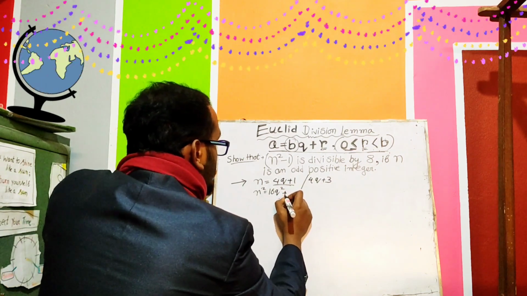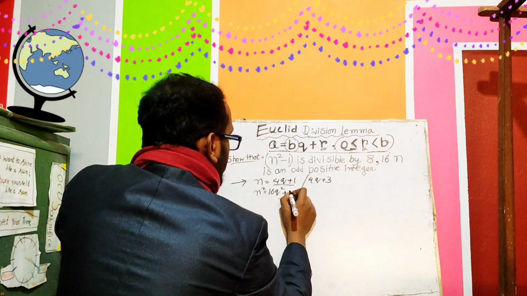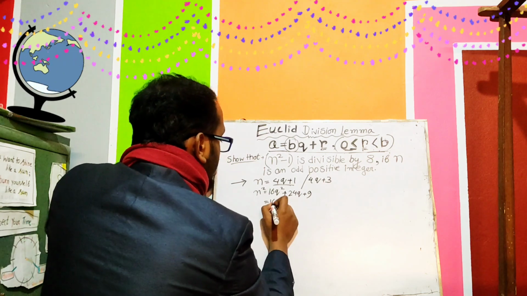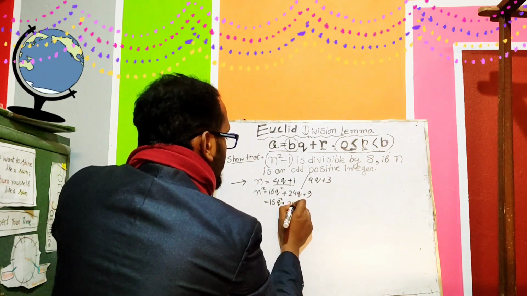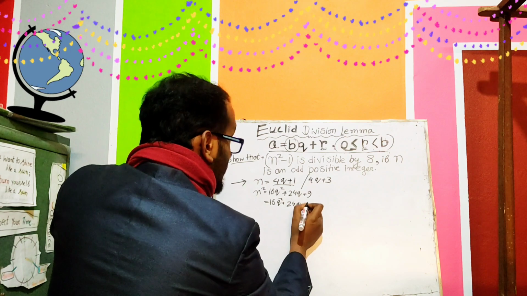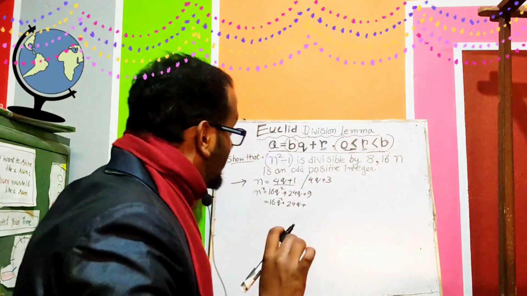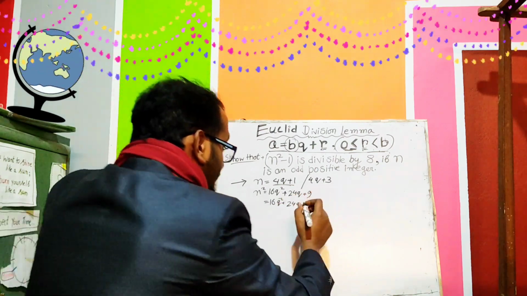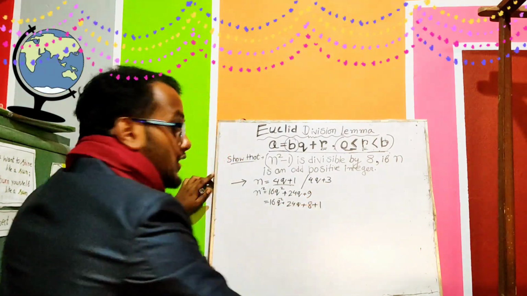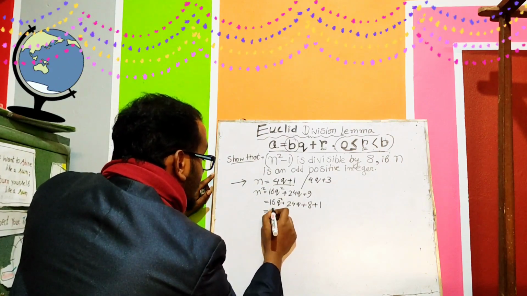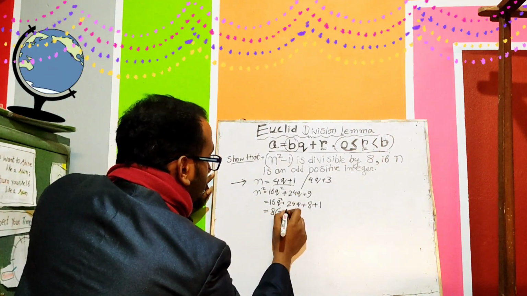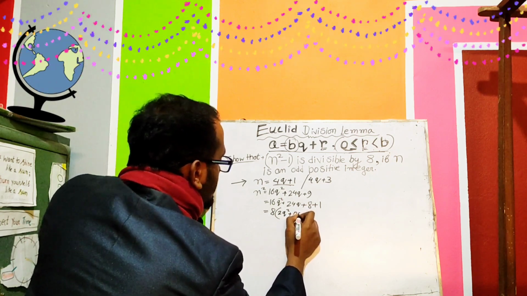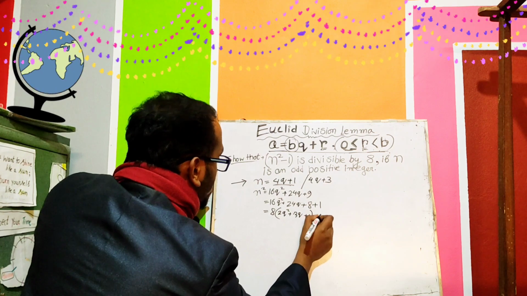Now 4q plus 3. So n square is 16q square plus 24q plus 9. For better understanding, I am splitting 9 and writing 8 plus 1. Then take 8 common, and we will get 8 times 2q square plus 3q plus 1, plus 1.